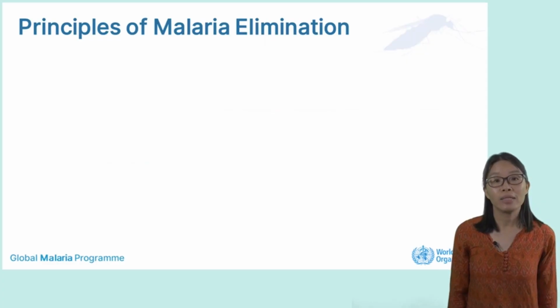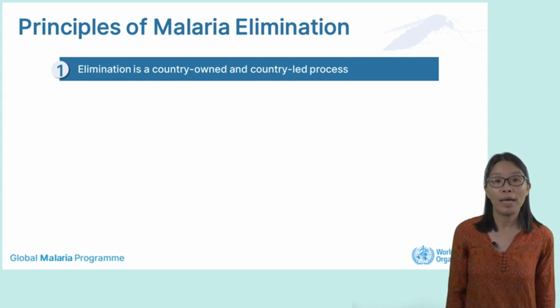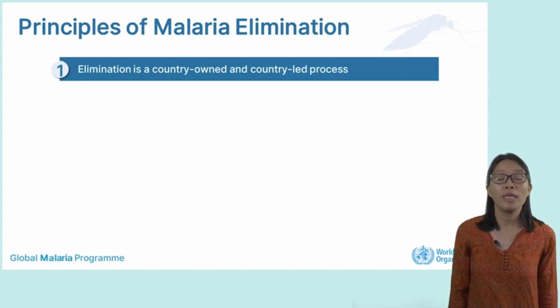These slides list the key principles of malaria elimination. First and foremost, elimination is a country-owned and country-led process. Only countries can commit themselves to achieving malaria elimination. WHO, other multilateral and bilateral organizations, civil society organizations, and donors can assist with guidance, technical support, and funding.